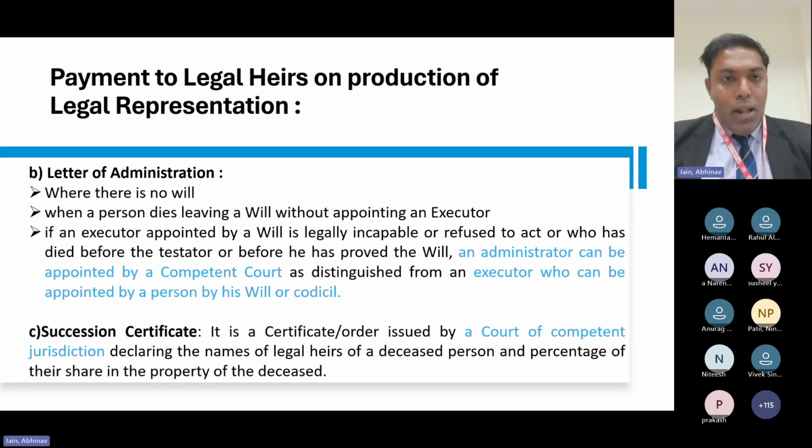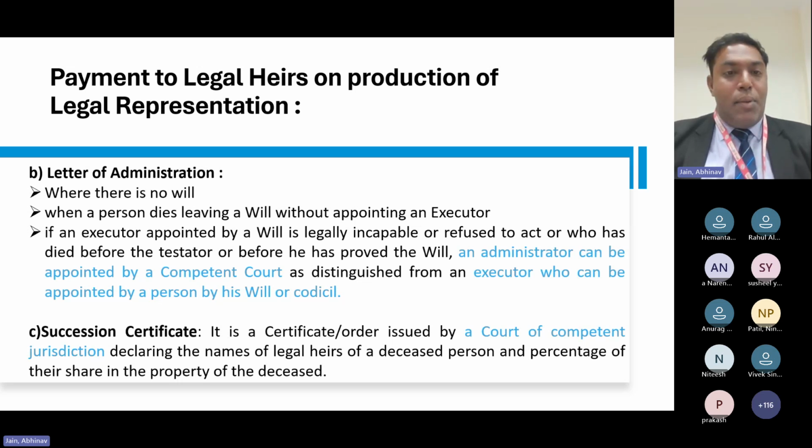Suppose there is no will, or the person has left a will but there is no executor mentioned in it. And third, the executor is not interested in executing the will, or is legally incapable of executing it. In all these cases, letter of administration will come into the picture. So understand the conditions where letter of administration applies.